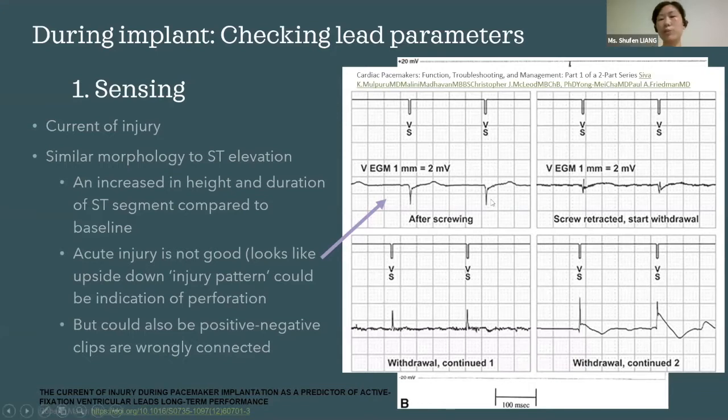So they suspected there might have been some perforation in this case. But of course, if you see this, don't panic yet. Check to see your positive and negative clips are not clipped wrongly. If they are correct, then probably retract the screw and reposition.